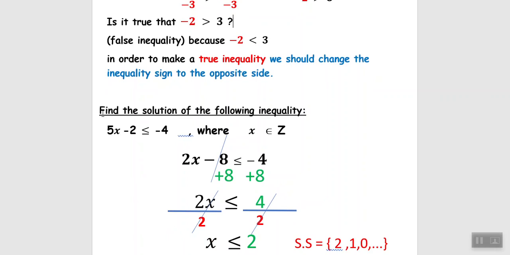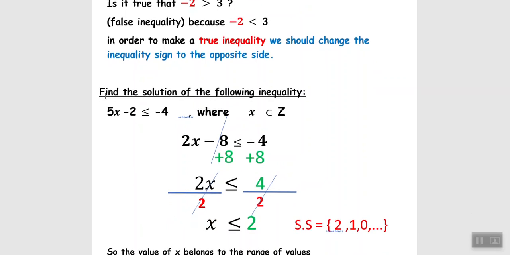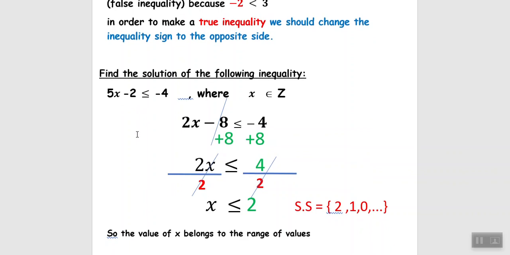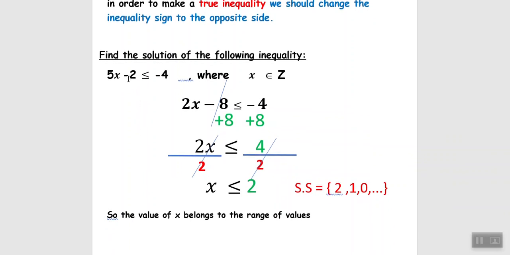Let's see, this is a final example to solve a two-step inequality. Here, x has two operations, multiply by 2 and subtract 8. Okay, we start with the opposite operation of subtraction. The opposite operation of subtraction is addition.